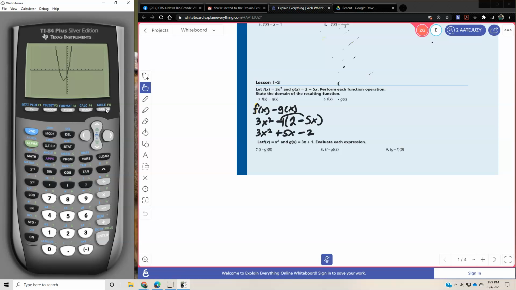I'm going to go ahead and show it down here. So the graph looks like this. So the domain is going to be all reals. The range is going to be y greater than or equal to negative 2. Okay.